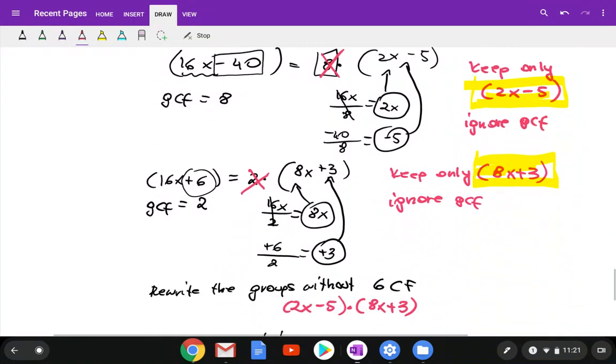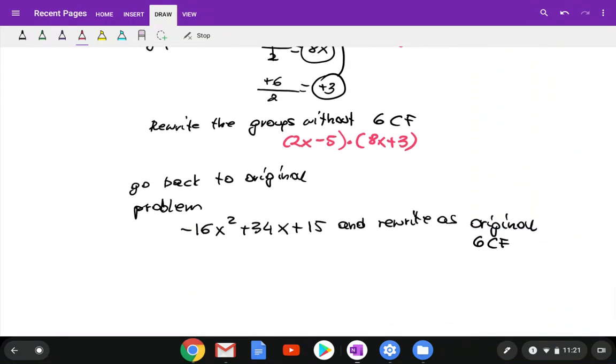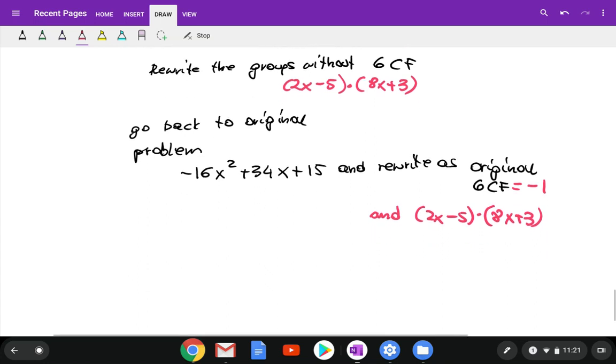But here, you cannot ignore that negative 1, which was equal to negative 1, and 2x minus 5 times 8x plus 3, the factors which we found from the AC method.